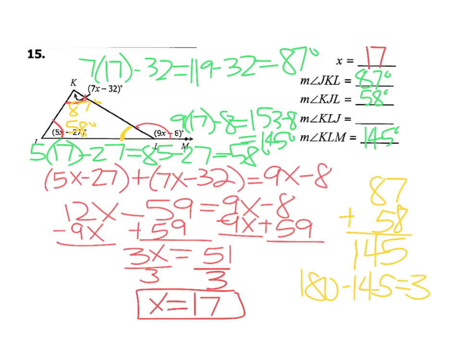So that's going to be 35 degrees. Okay, because the triangle angle sum theorem tells us all of the angles on the inside of the triangle have to add up to 180. So the measure of KLJ is 35 degrees.